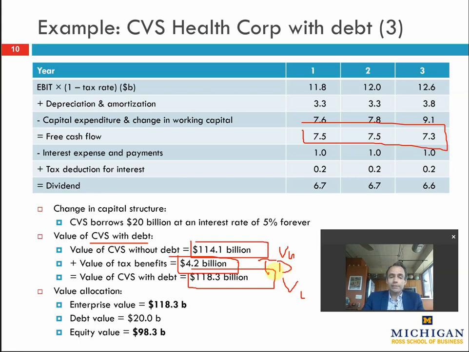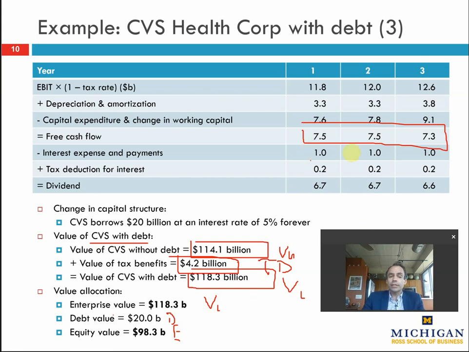How is that allocated amongst the shareholders and the lenders? The enterprise value, VL, the value of the levered firm, minus debt gives us equity value of $98.3 billion. Now you'll see above that there is also a lower dividend now compared to what we had before we had corporate taxes and before we had interest.